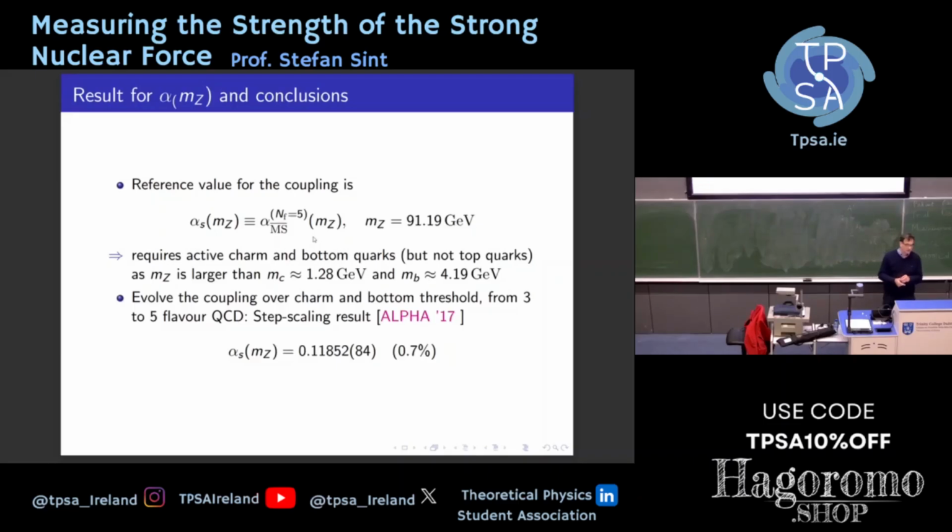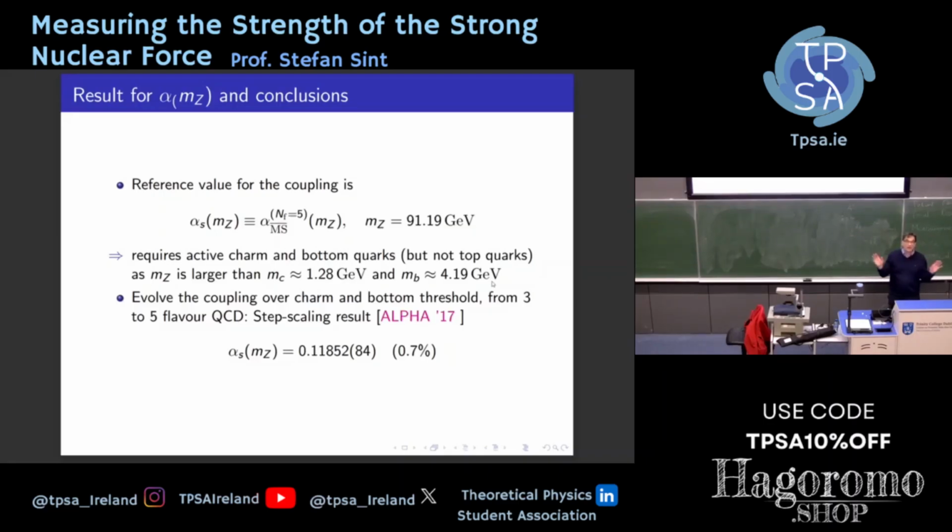So charm quarks are about 1.28 GeV. I didn't tell you what the mass definition is, so it can be vague here, but basically 1.23 GeV, and 4.2 GeV for the bottom mass, and then the top quark is 176 GeV, I think. So that's far out.